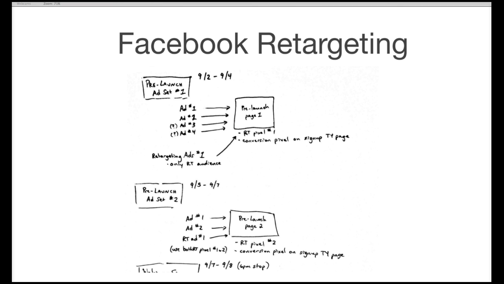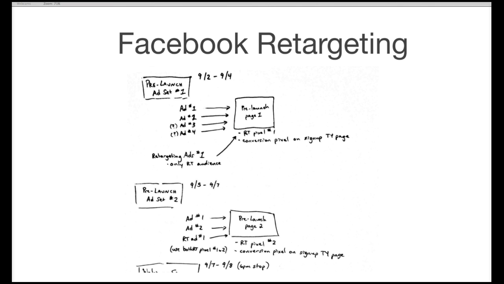And so anybody that came to any page within our funnel, whether it was our pre-launch, whether it was our sales page, whatever it was, we were remarketing to them. So we said, okay, all these people that are hitting the pre-launch page, whether they opt in or not, we're going to at least serve a Facebook ad to them when we're ready to turn the cart on, right? For about 7 days, we had 2 different sets of ads.